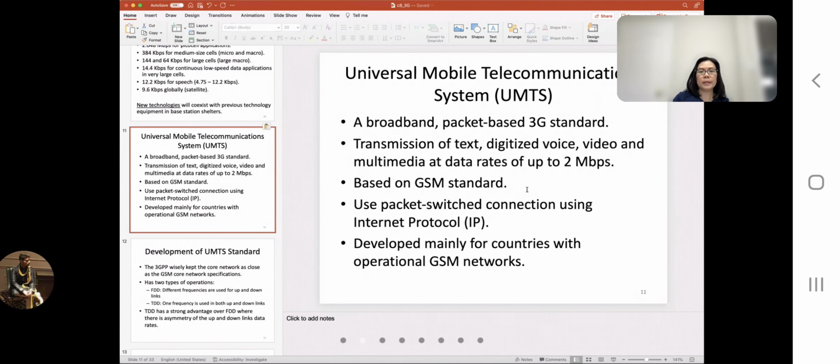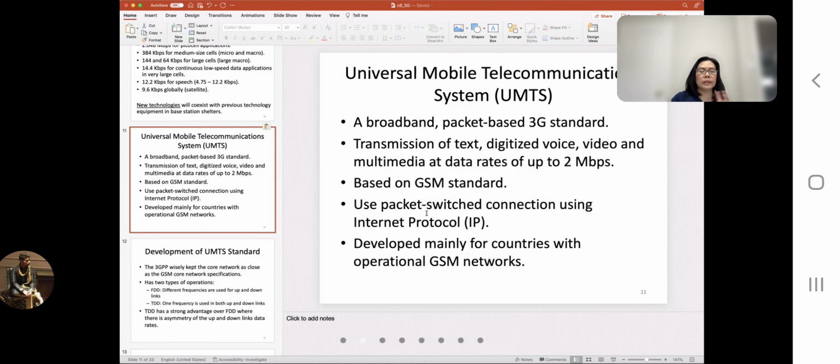So it is based on the GSM standard, right? So we learned GSM last time. GSM is the second generation network. So 3G or UMTS reuses the network architecture of GSM.